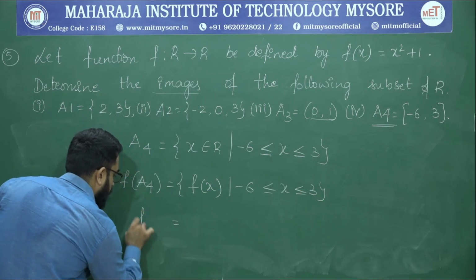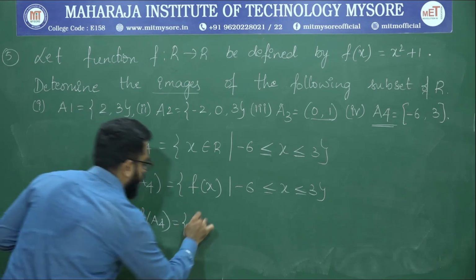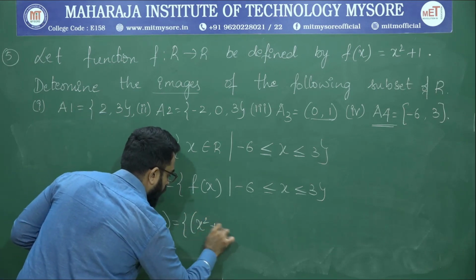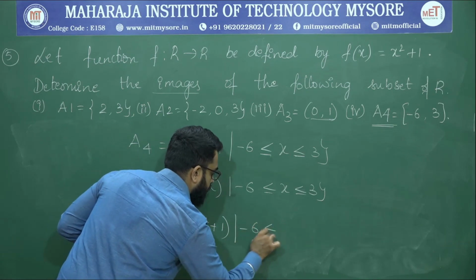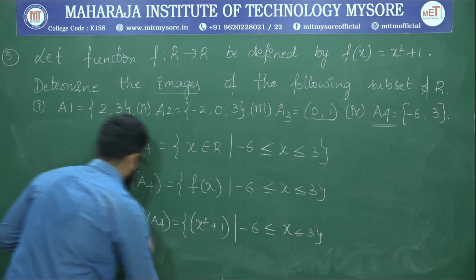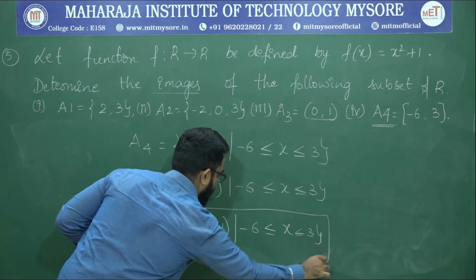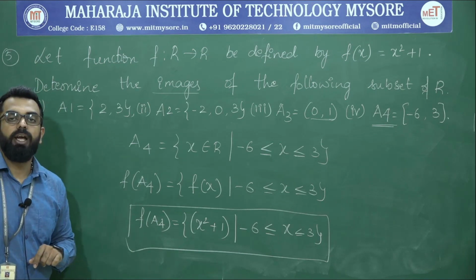Then the definition is f of A4 is nothing but x square plus 1, where x is between minus 6 and 3. This is the image of subset A4.